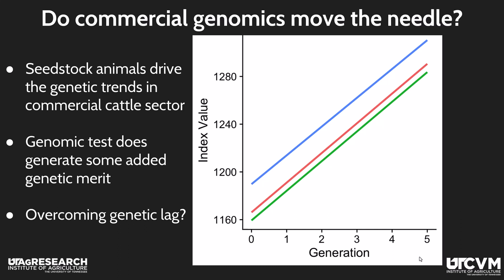And so my general recommendation to commercial herds interested in genomic testing is, for one, I think you can get a little bump here. This bumps you up a little bit from a genetic progress perspective from where you start.